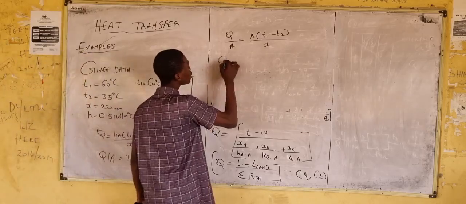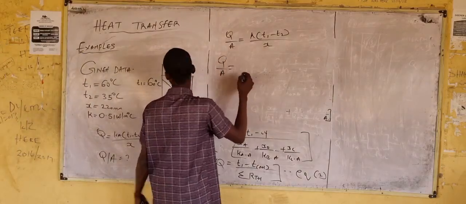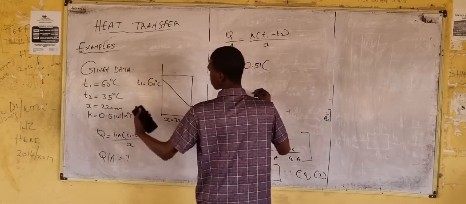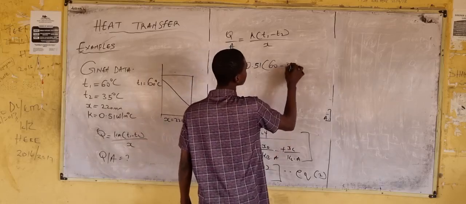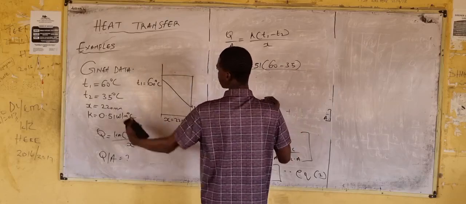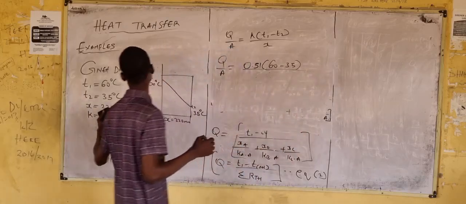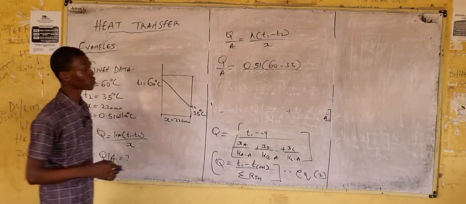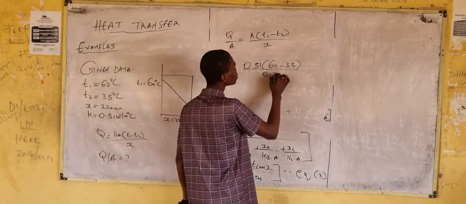So we have Q over A equals, the value of K given is 0.51 open bracket 60 minus 35 divided by X, which is the thickness in meter. What do we have? 0.22.